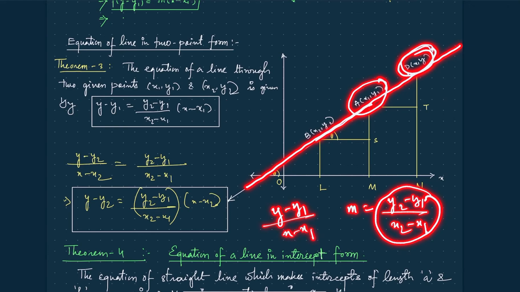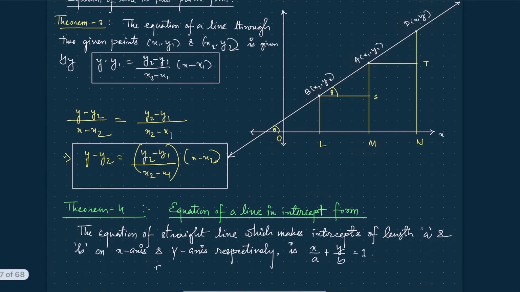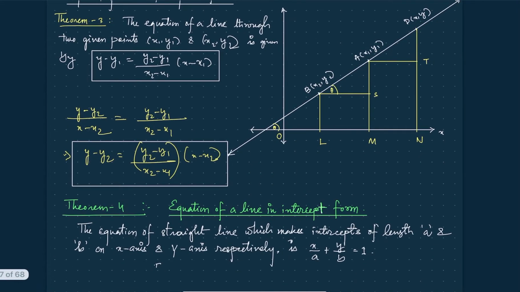Now this will also be equal to m. Just equate both equations, equating both slopes. This is the equation we are getting: y minus y2, instead of x minus x1, because here I took this point B. That's why y minus y2 divided by x minus x2 is equal to y2 minus y1 divided by x2 minus x1.